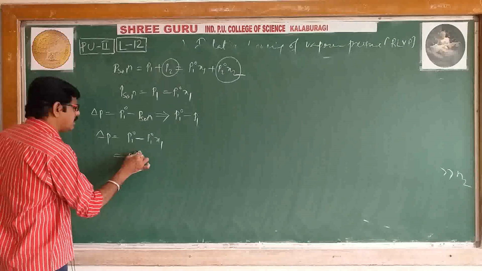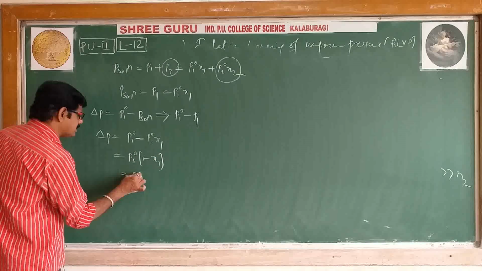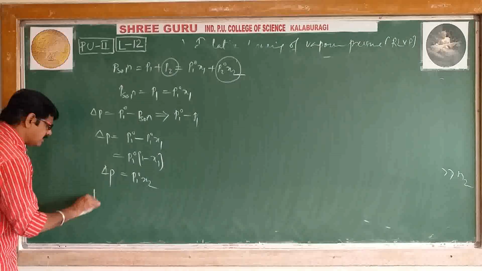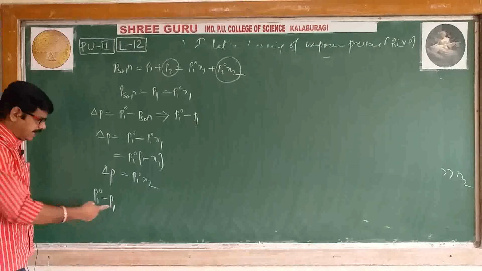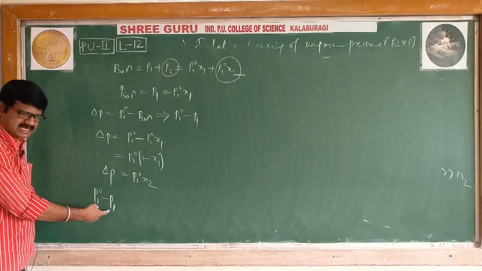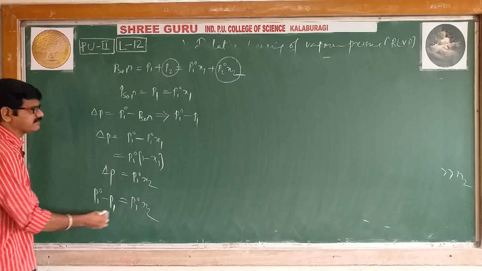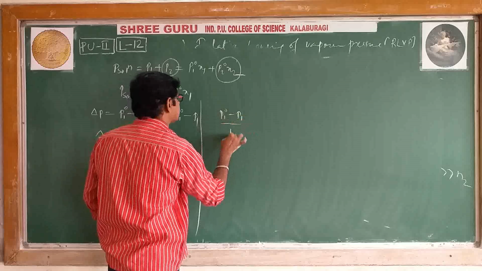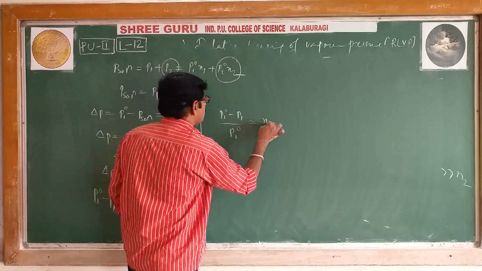And if you take P1 naught common, 1 minus x1 is x2, so delta P is equal to P1 naught x2. Once again, P1 naught minus P1, where P1 is the solution pressure, is equal to P1 naught x2. Therefore (P1 naught minus P1) by P1 naught is equal to x2.